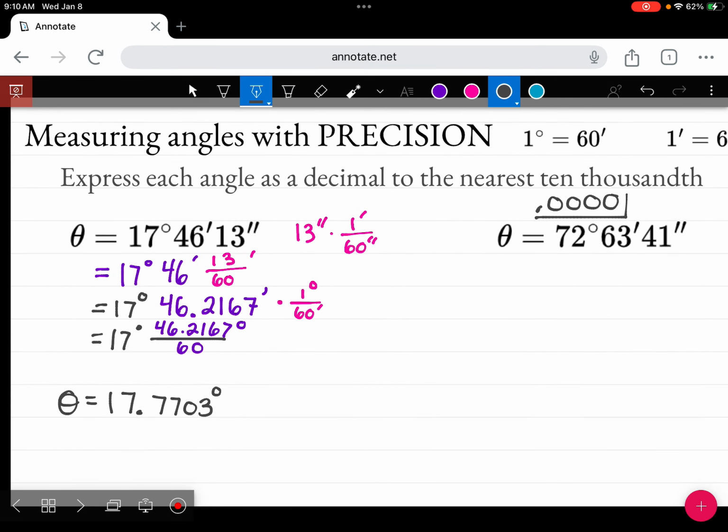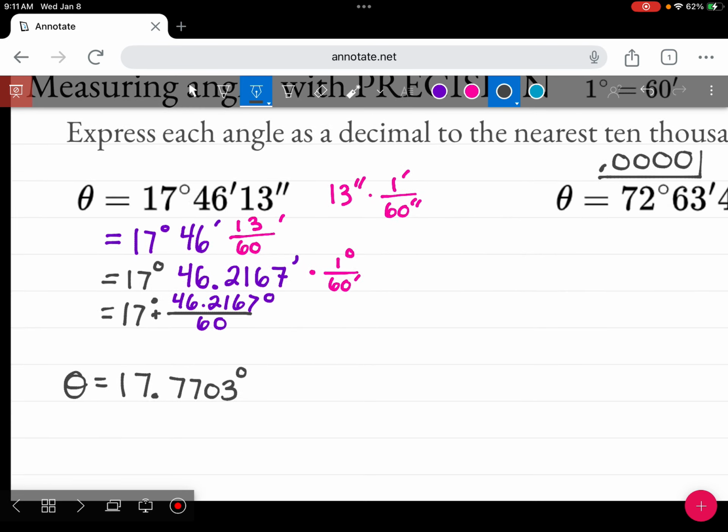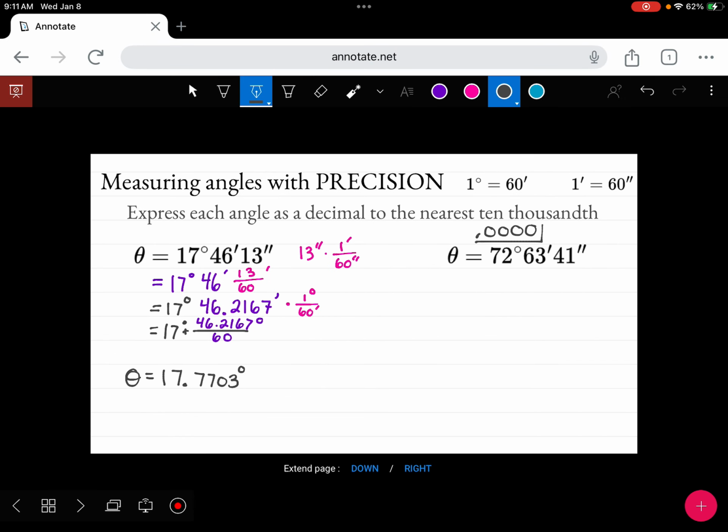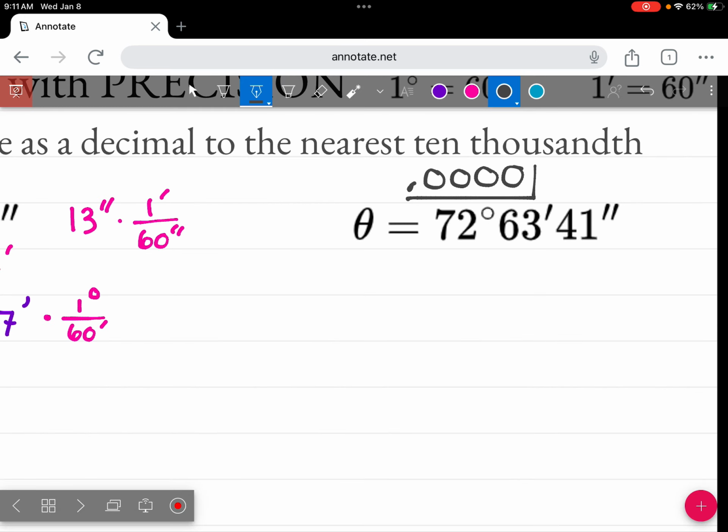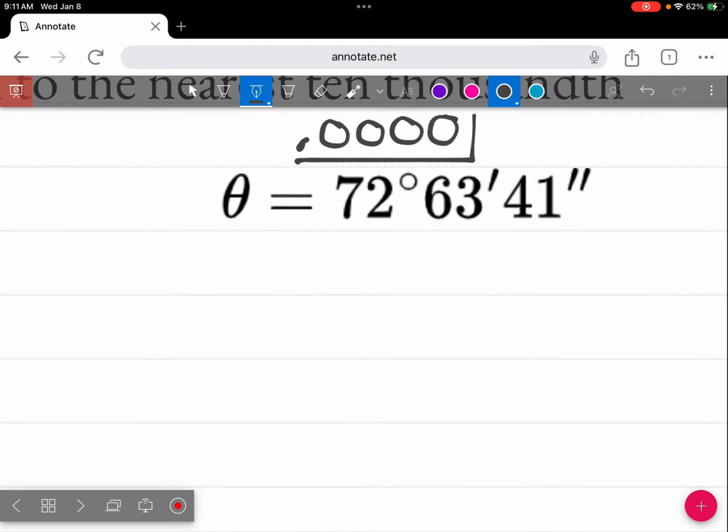And what we're really doing here is adding those pieces together. 17 plus 46.2167 over 60. Okay. One more like this where we're just unit converting it. Same kind of vibe.